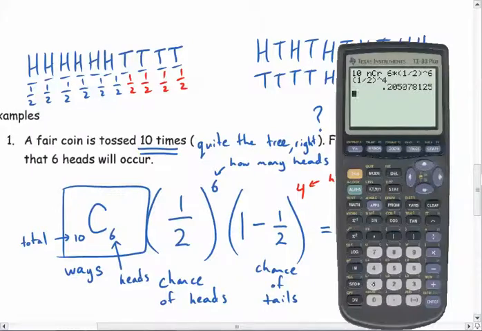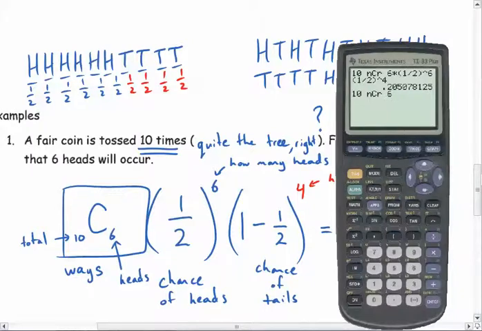So you put in the n first. First you write the number n. Then you go to the math menu, go to probability, choose number 3.